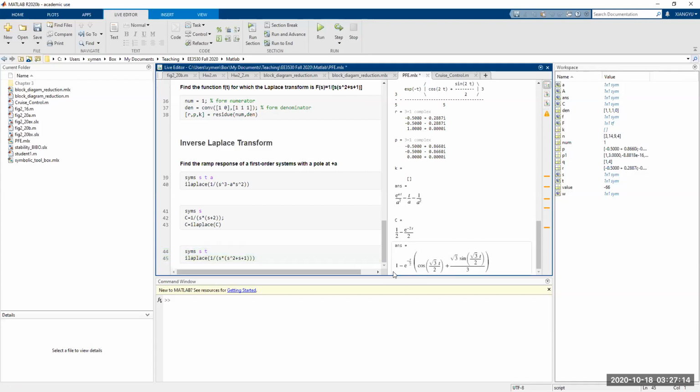So the time function is 1 minus exponential minus t over 2, times cosine of square root 3 t over 2 plus square root 3 sine of square root 3 t over 2, then over 3.